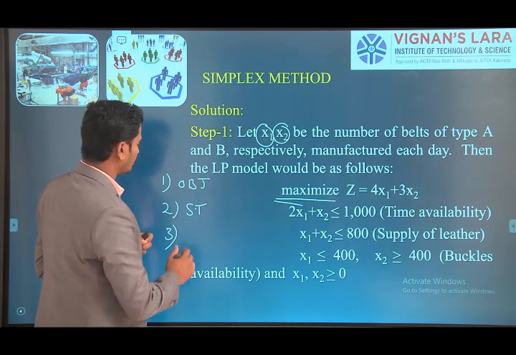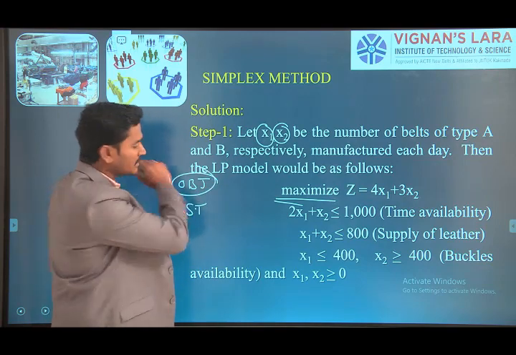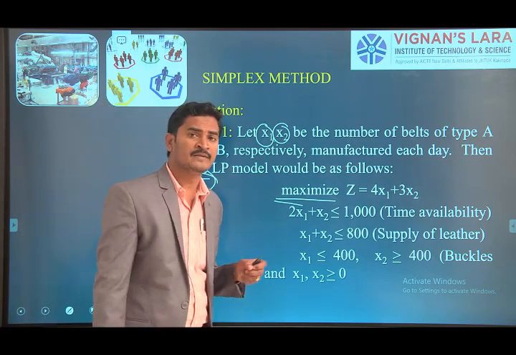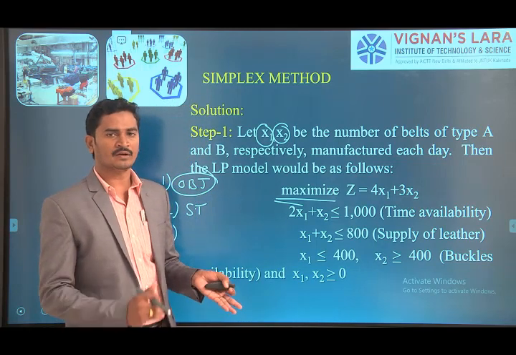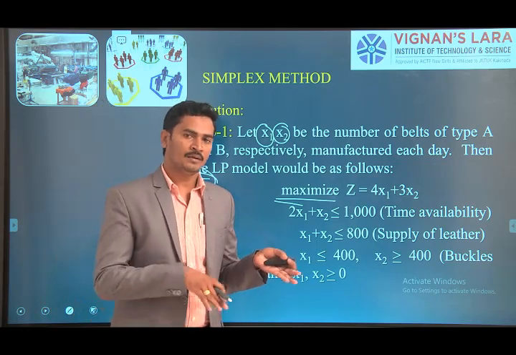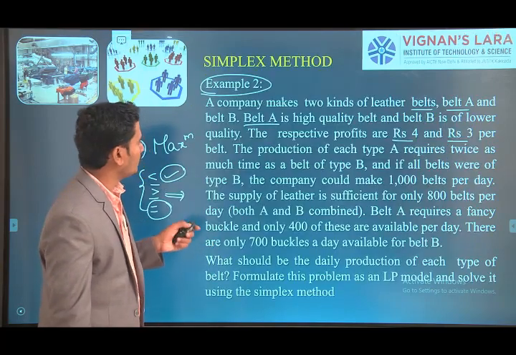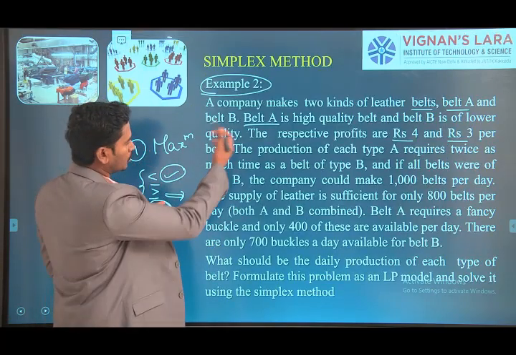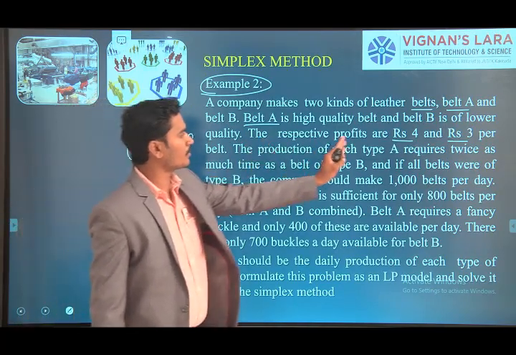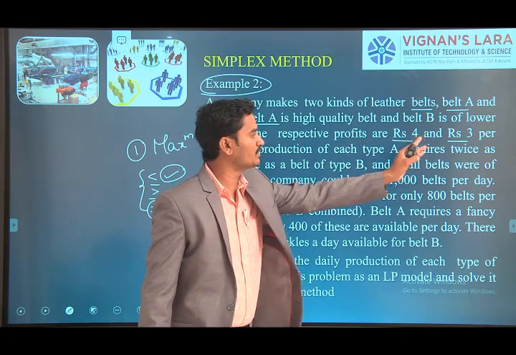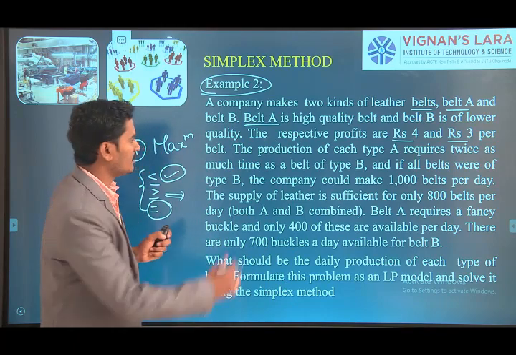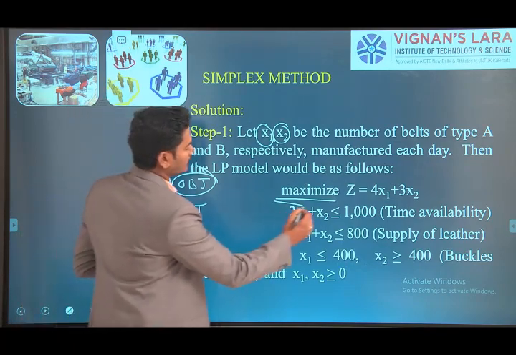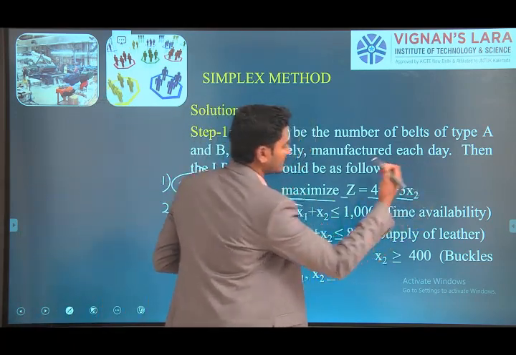Here first we identify the objective function. Whether the function is profit, we take the maximization type. Whether the function is cost, we take the minimization type. In our problem we have two products, and their profits are 4 and 3 respectively. Here it is the maximization type. That's why we take maximize z equals 4x1 plus 3x2.